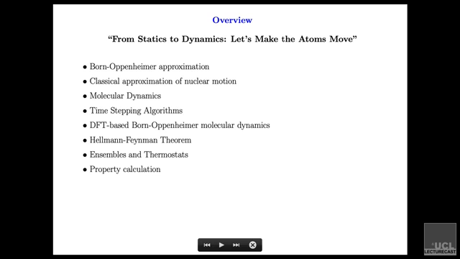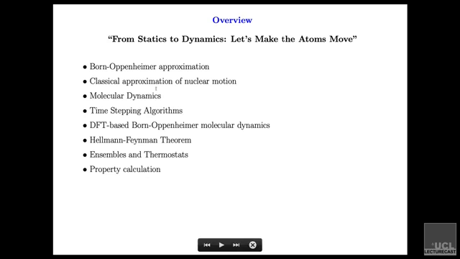Now that requires us to go through a couple of things and approximations. The molecular dynamics that I will introduce relies on two approximations. One is the Born-Oppenheimer approximation, which I will discuss in some detail. Then after that, the classical approximation of the nuclear motion.